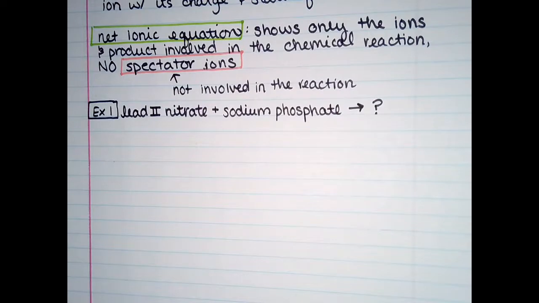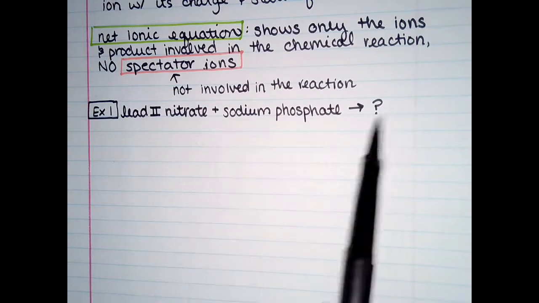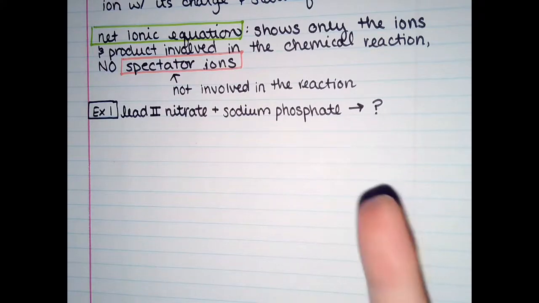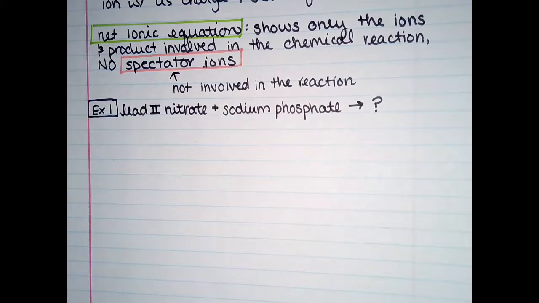On a quiz or test, they would give you these reactants and say, predict the products, write the molecular equation, the complete ionic equation, and then the net ionic equation. Tell me the spectator ions. This is how you need to start it.